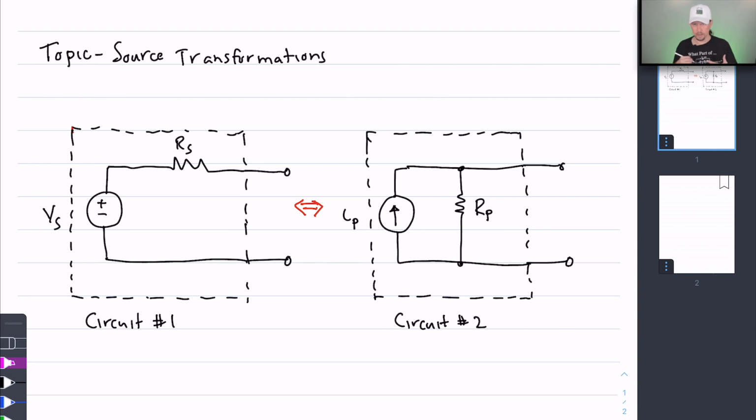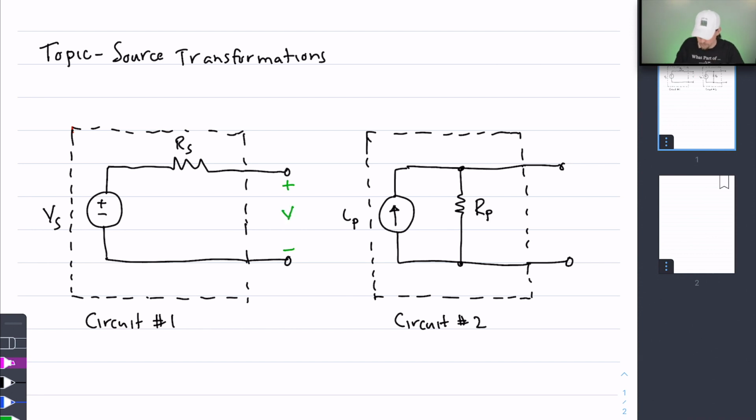Now let's go ahead and mathematically write down some equations so that we can figure out what the relationships must be between the elements in circuit number 1 and circuit number 2 so that they are equivalent circuits. And I'm going to start off the way I usually do, and it's going to be to externally place a voltage across these two terminals.